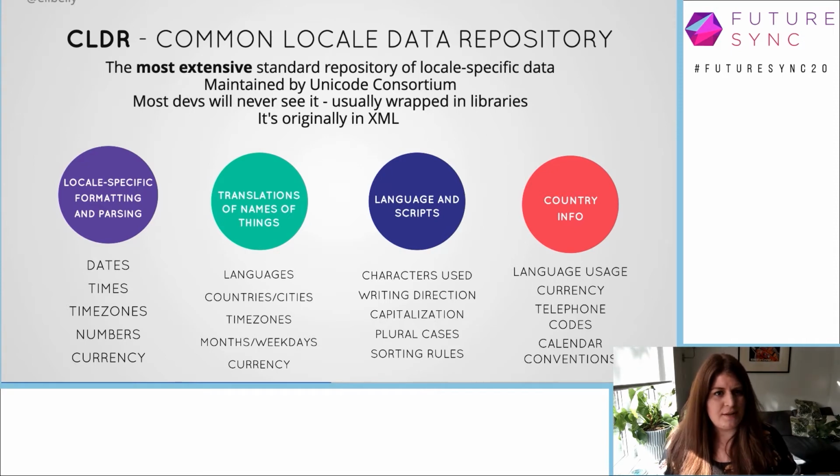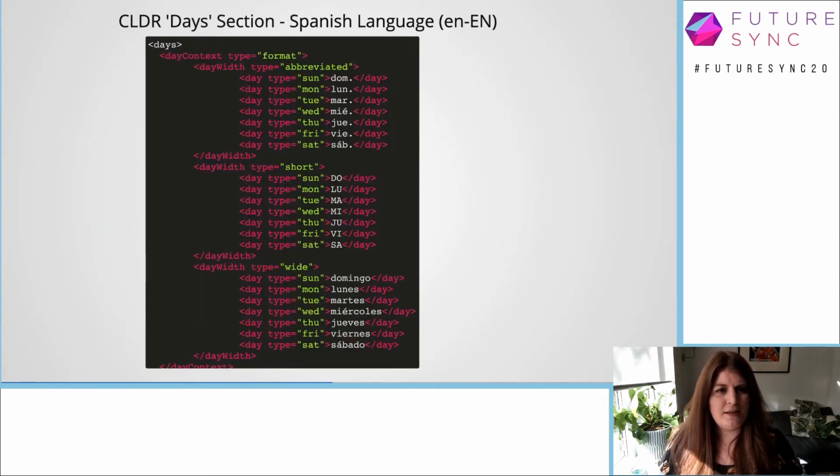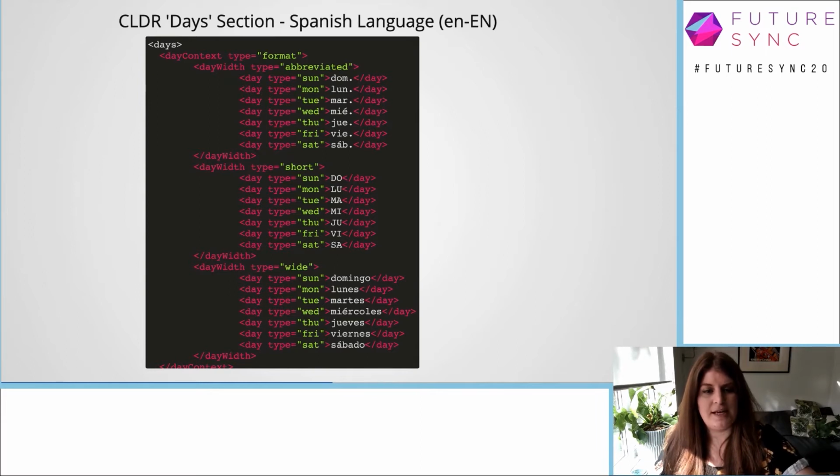Here's an example of what the XML looks like. This is days of the week. This is the Spanish language in Spain file. And we have 3 forms: abbreviated, short, and wide. You'll notice that the type attribute in this XML doesn't change, so it's still Sunday, Monday, Tuesday, but the content changes based on the language.